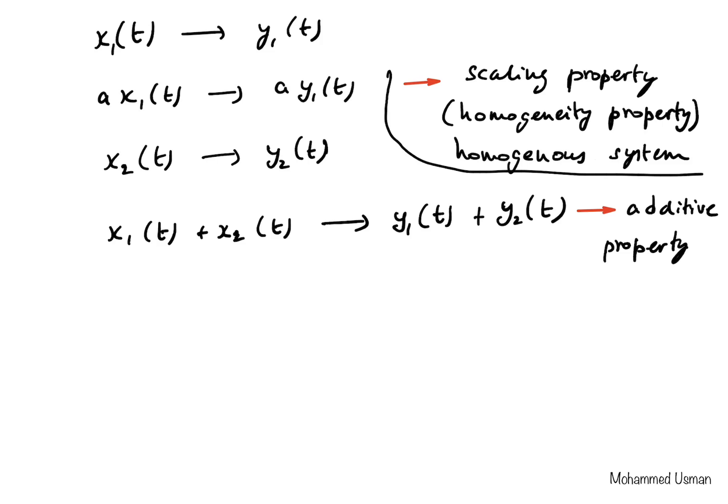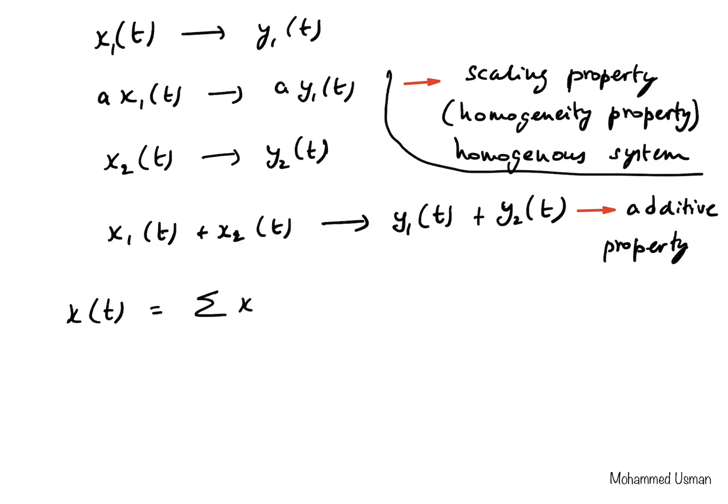So if we now combine both these properties, let's say we have an input x of t, which is a linear combination of the individual inputs x1, x2, x3 and so on.